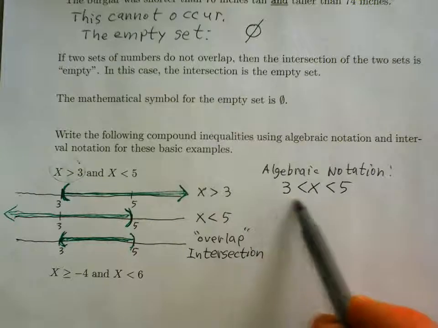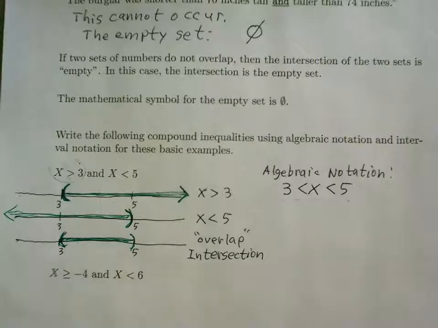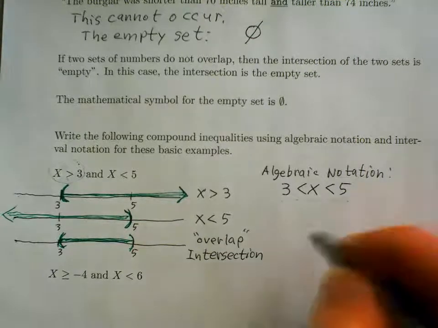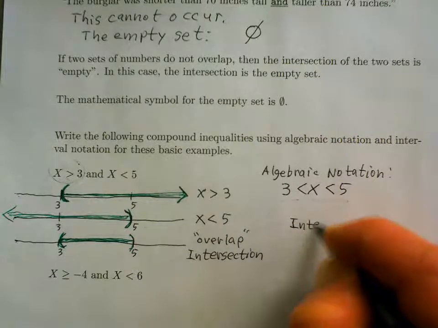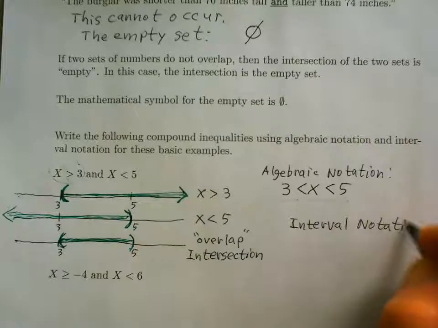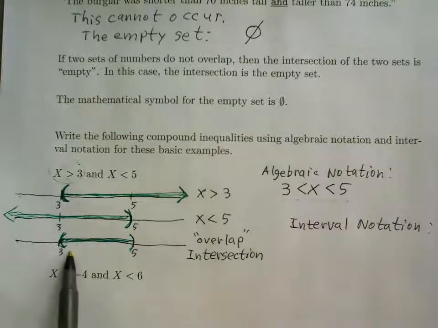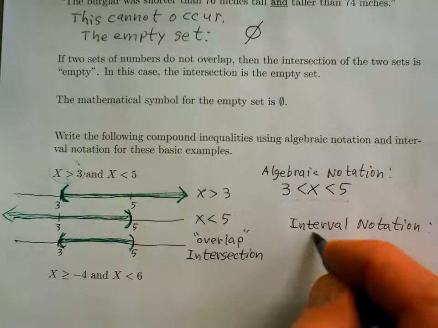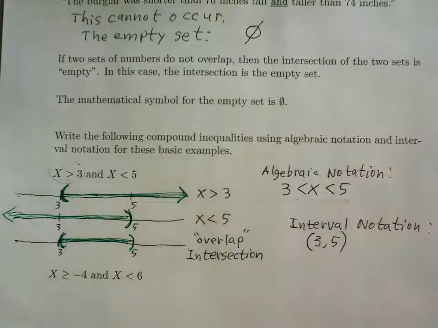So this is what we want for the algebraic notation. And what about the interval notation? We just write left parenthesis 3, comma 5, right parenthesis. So this is the interval notation.